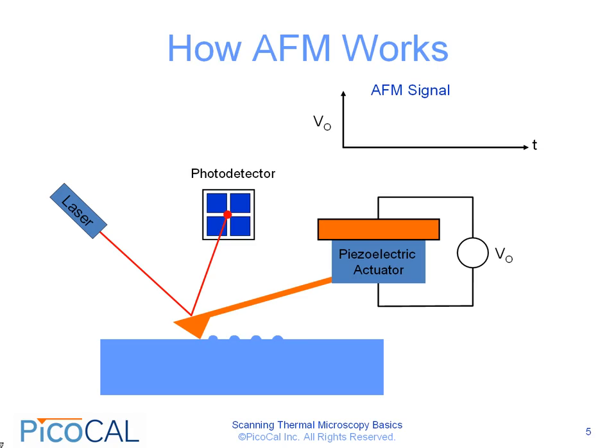So essentially, the voltage to control the actuator will be set such that the laser position on the photodetector remains the same. In other words, the cantilever deflection will remain at the same angle.